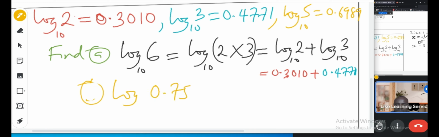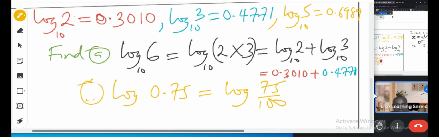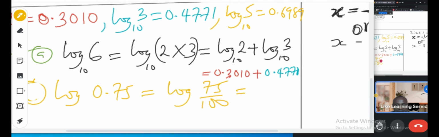Do you know 0.75 is the same thing as saying log 75 over 100, right? 75 itself is what? 25 times 3, am I right?